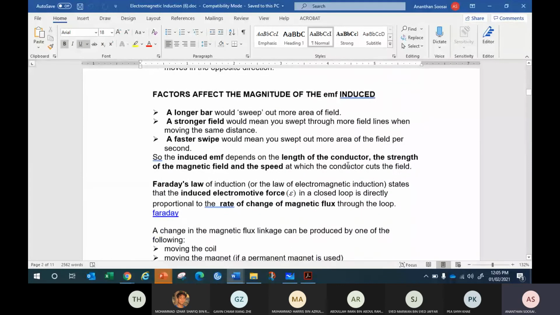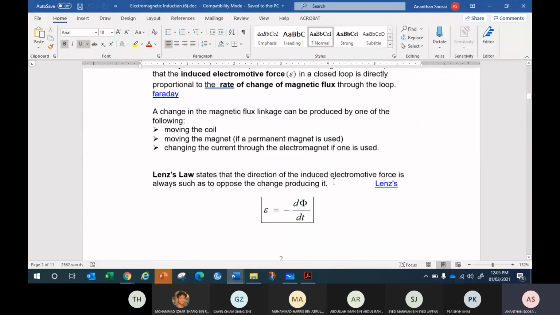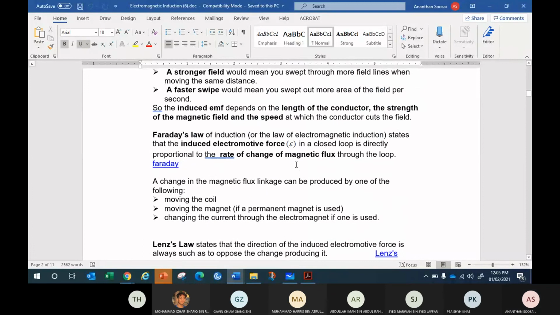Then we talked about two laws, Faraday's law and Lenz's law, governing how to get a big EMF and which direction the current will flow, or the direction of the EMF which causes the current to flow.